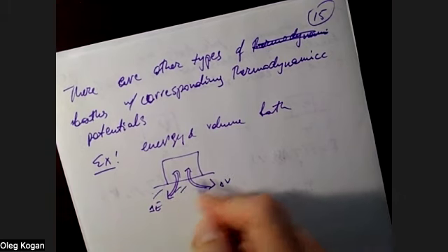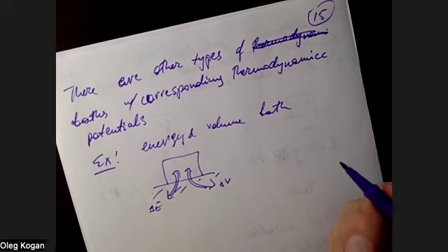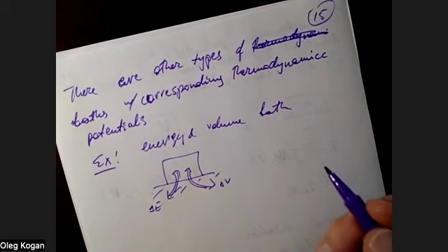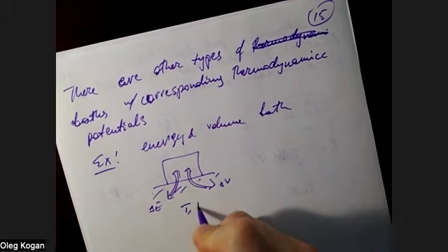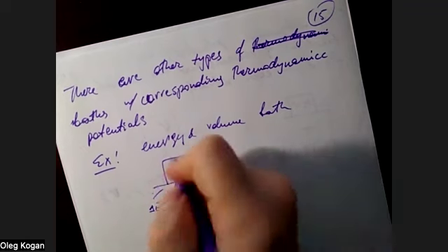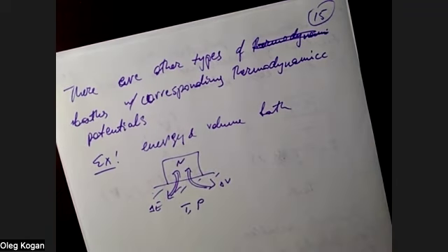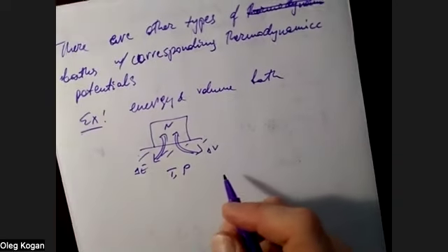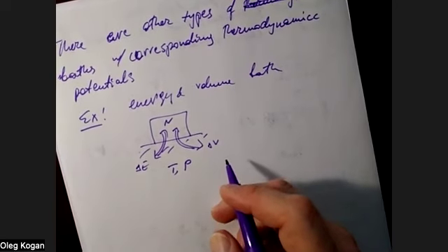And such a bath, what's fixed for such a bath? So pause the video and think about it. Well, T and P. N is fixed in the system. What's the name of this thermodynamic potential? This is called Gibbs free energy.